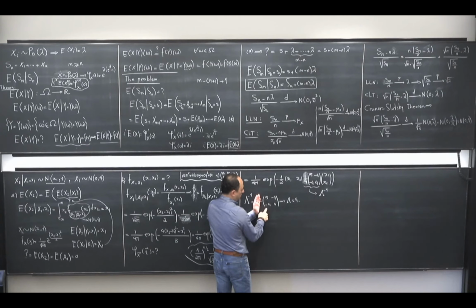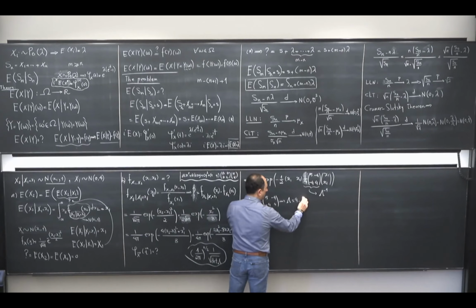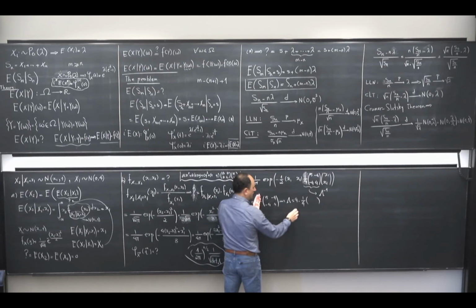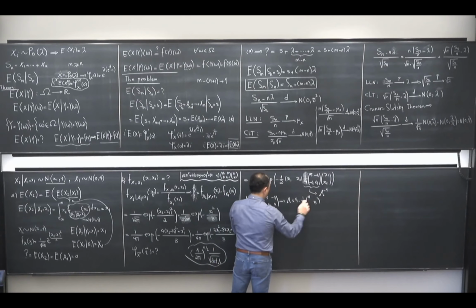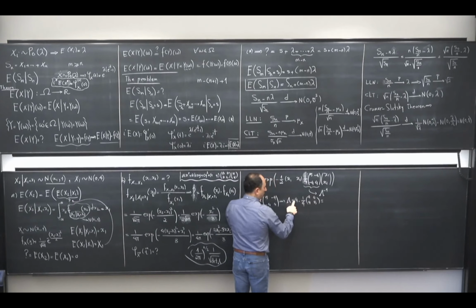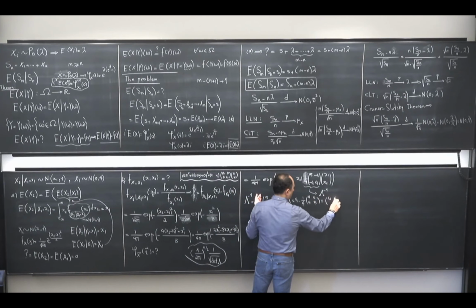The determinant of this matrix is what? 20 minus 16 is 4. So it becomes 1 over 4 times the adjoint matrix. The adjoint matrix for 2 by 2 matrices is very simple. You just swap these main diagonal entries and then multiply the others by a minus sign. So 4 and 4 cancel, and then I have 4, minus 4, minus 4, and 5.